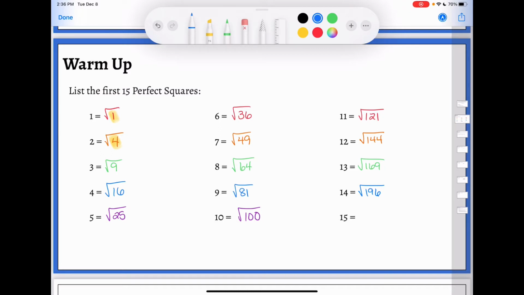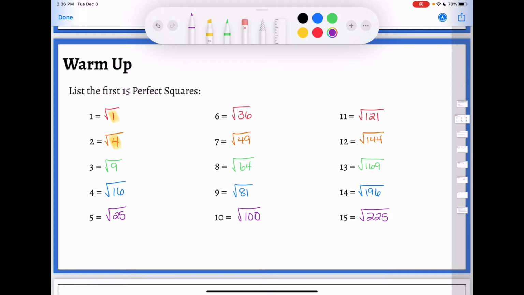Those get confused a lot, but I just remember to switch the order. You know, 169 is less than 196, 13 is less than 14, that kind of idea, but those ones definitely are tricky. And then 15 is the square root of 225.